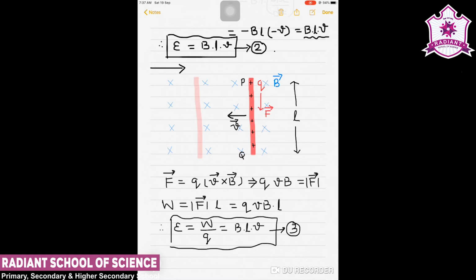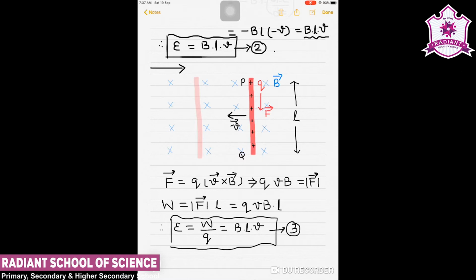On the other hand, it is not obvious how an EMF is induced when a conductor is stationary and the magnetic field is changing, a fact which Faraday verified by numerous experiments.